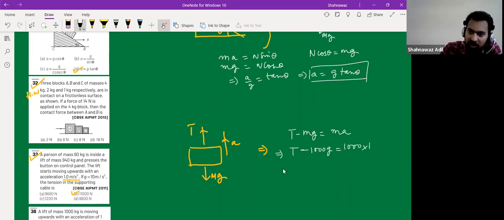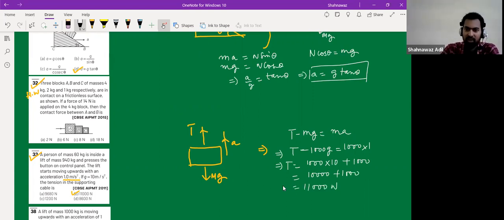So T will be 1000 into 10 plus 1000, so 10,000 plus 1,000, so 11,000 Newton.